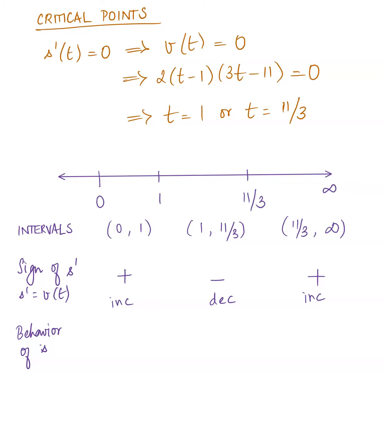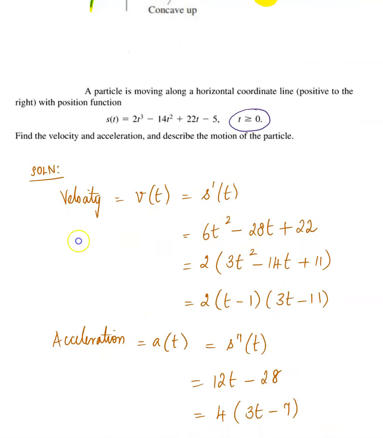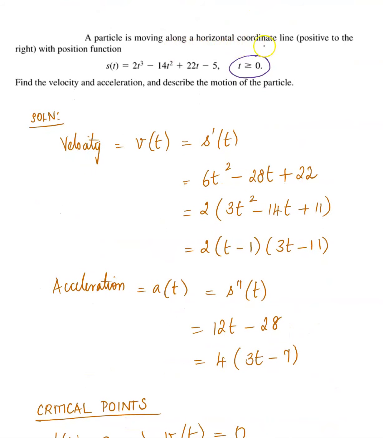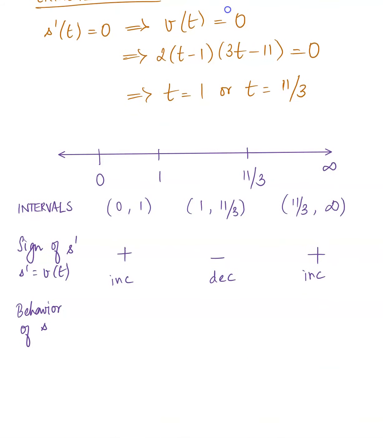The particle is moving along the horizontal coordinate line, positive to the right. That will be the positive direction. If it is moving against that direction, that will be negative, so it has to be moving left. So positive would mean the particle is moving right.